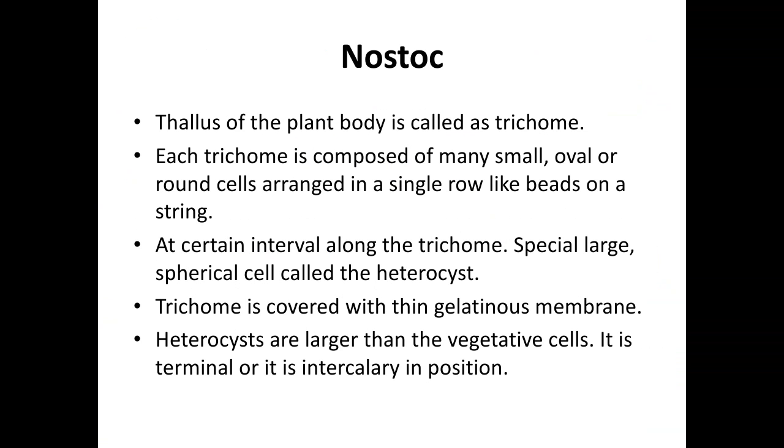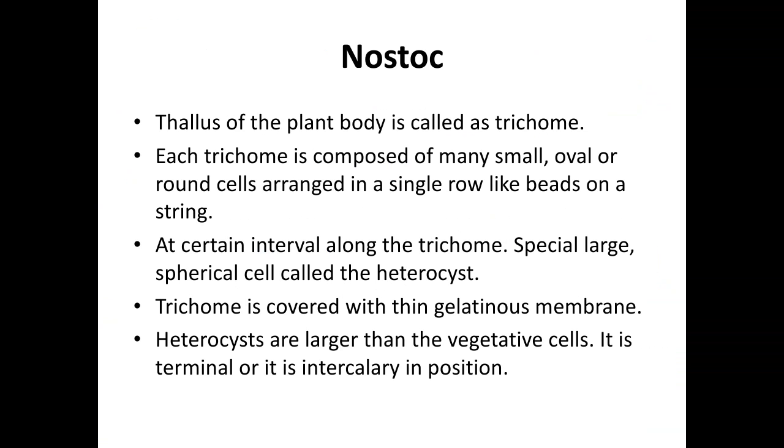Thallus of Nostoc. Now the thallus or plant body of Nostoc is called a trichome. Each trichome is composed of many small oval or rounded cells. They are arranged in a single row like beads on a string.